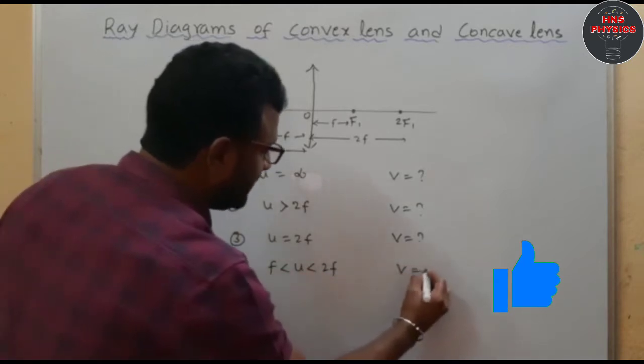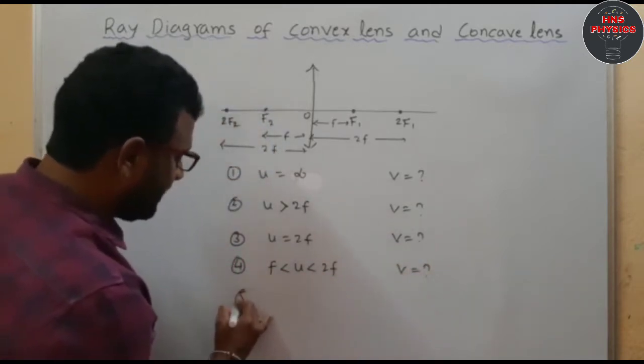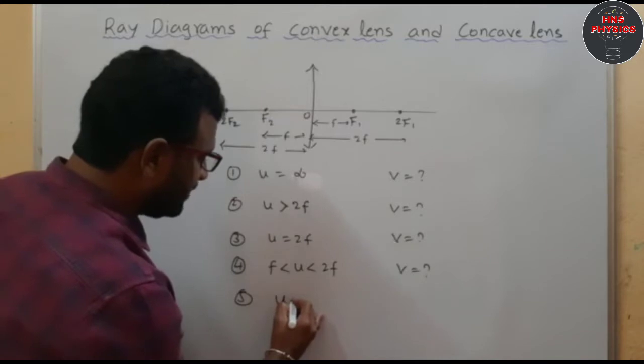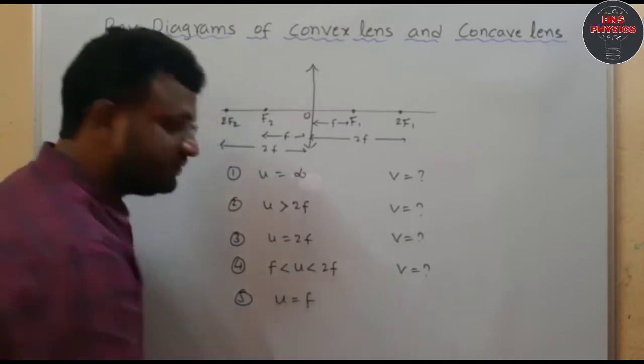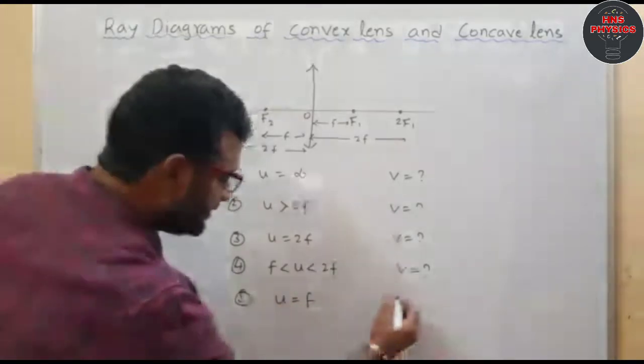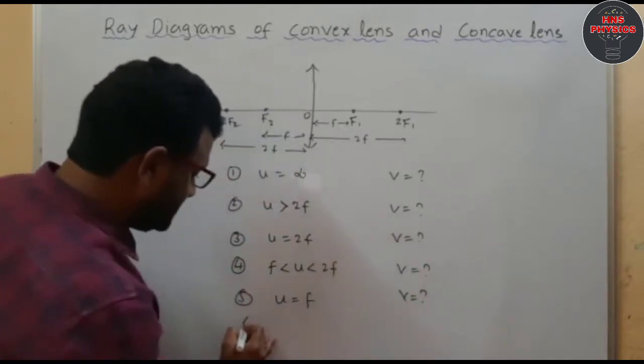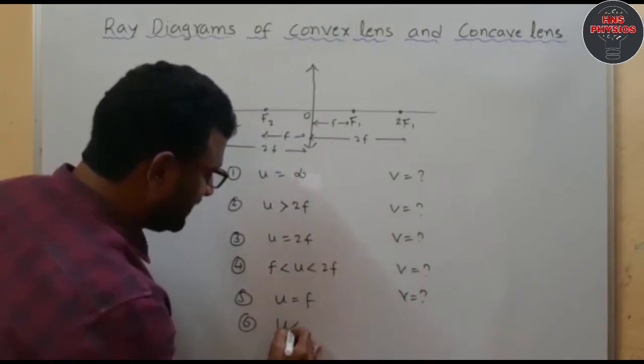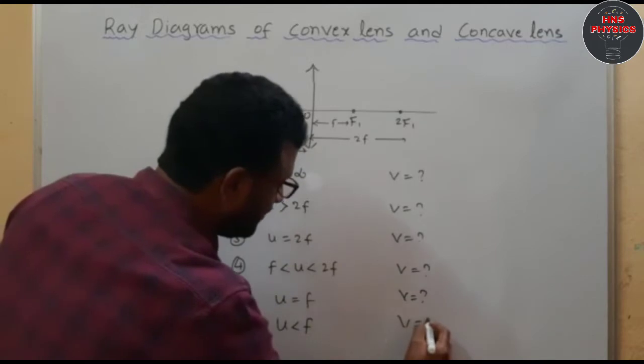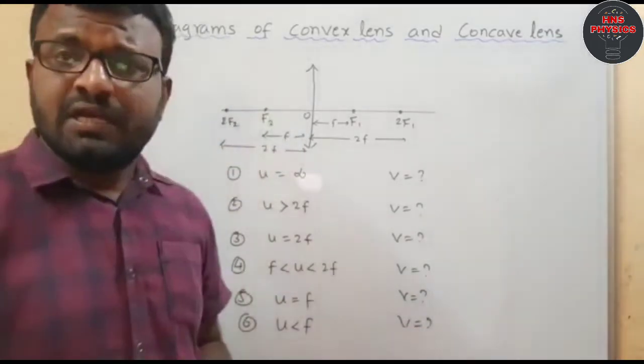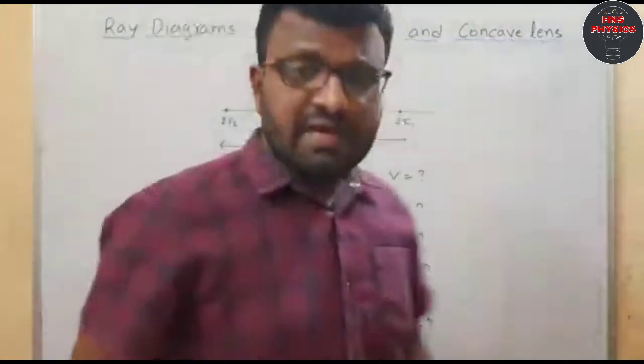Then what about the image distance? Next, fifth one, u equal to f. Next, sixth one, here also image distance. Sixth one, u less than f. Then what about the nature and size of the image? So questions like this will be asked in the exam.